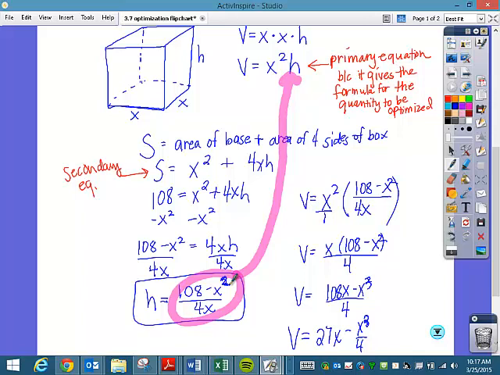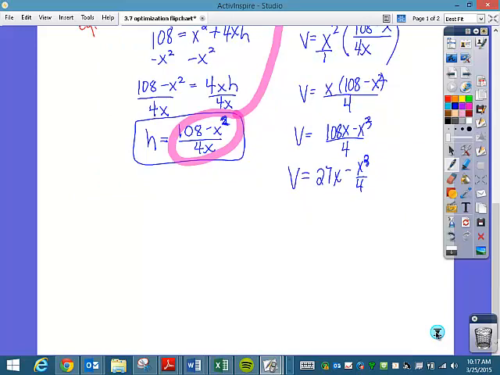All right. The next thing we need to do before we go any further is determine a feasible domain, AKA x values that make sense.